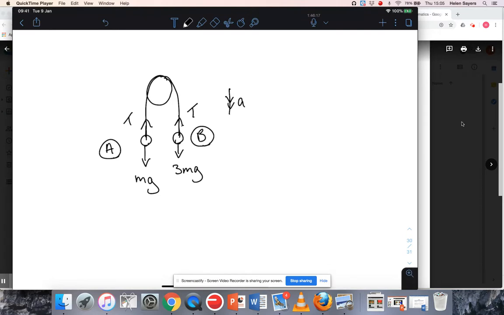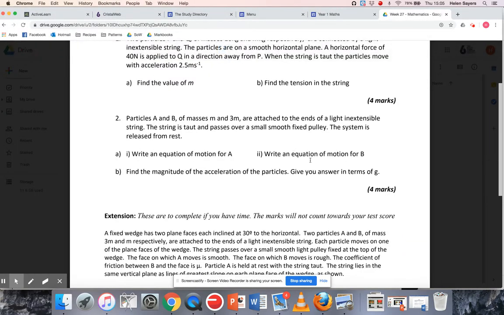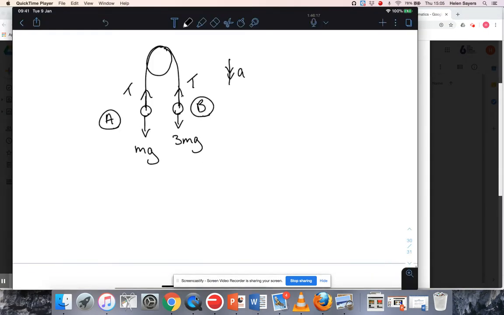So first thing I'm asked to do in the question is actually come up with the equation of motion for A and then the equation of motion for B. And that's what I want to do anyway, is just look at them as two separate things. So if we look at A, A has got tension going up and mg going down, and A is going to be moving upwards.